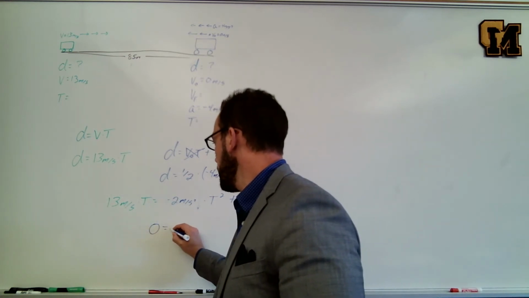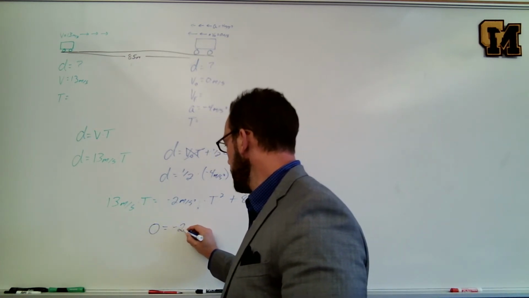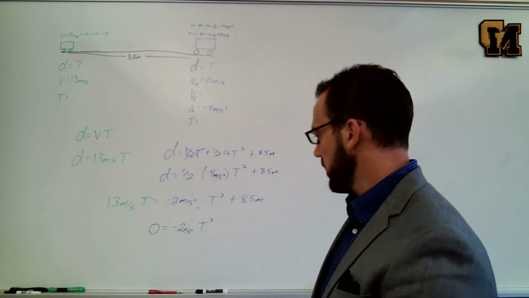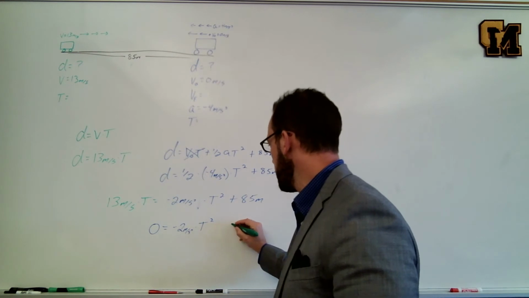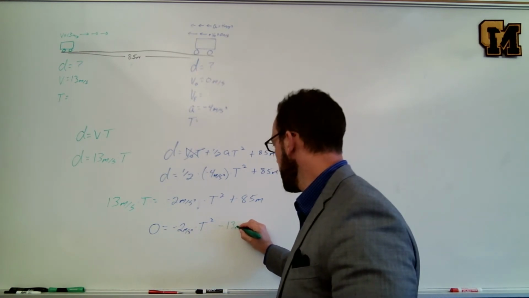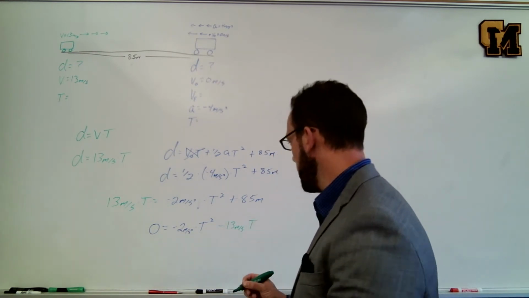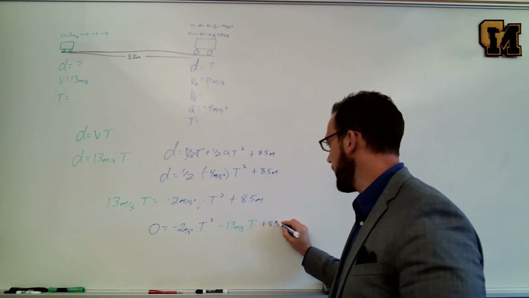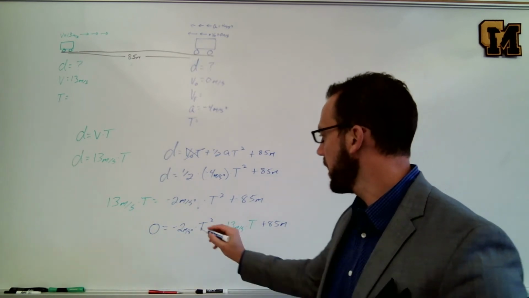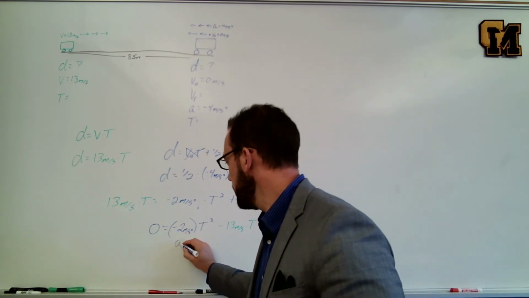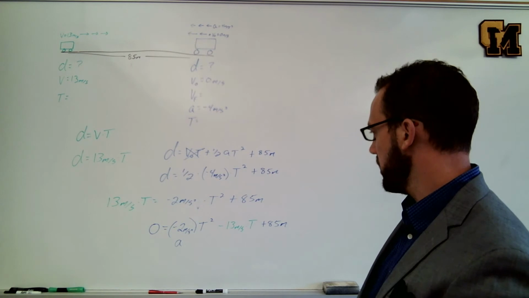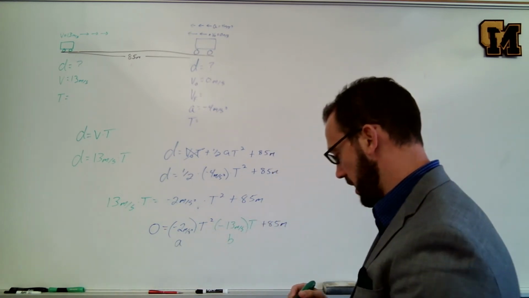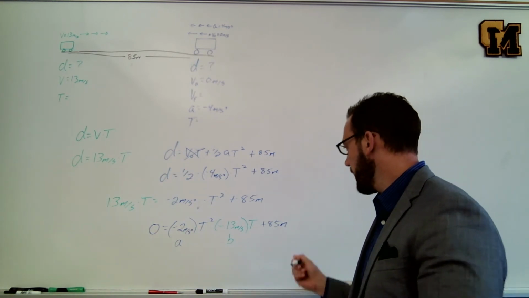So we get 0 equals -2 meters per second squared times t squared, then minus 13 meters per second times t plus 85 meters. The -2 is my a. -13 is b. And 85 is c.